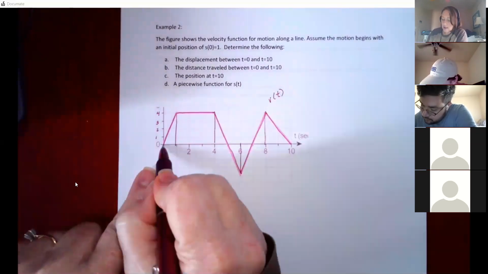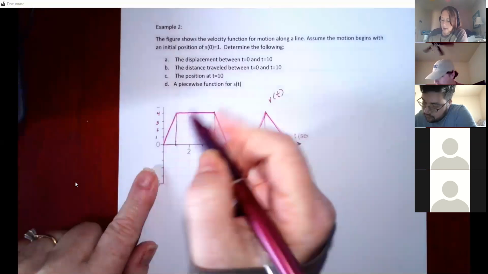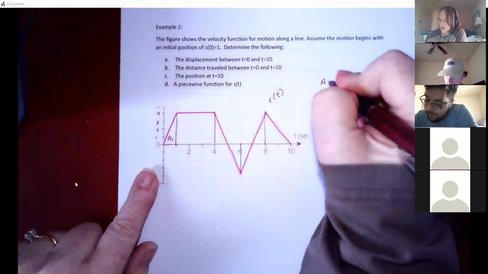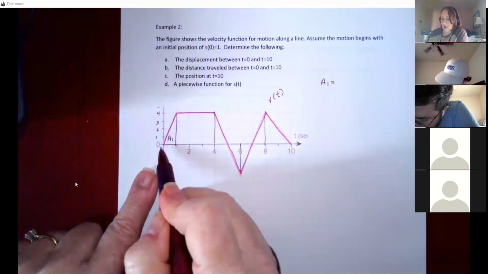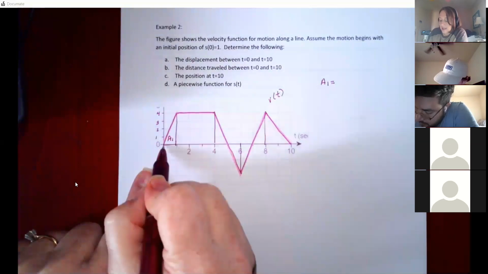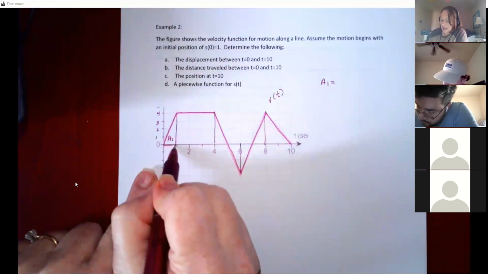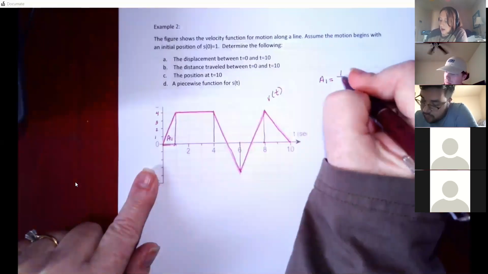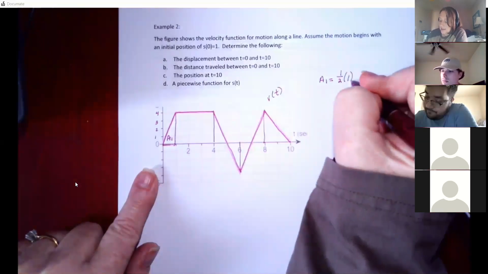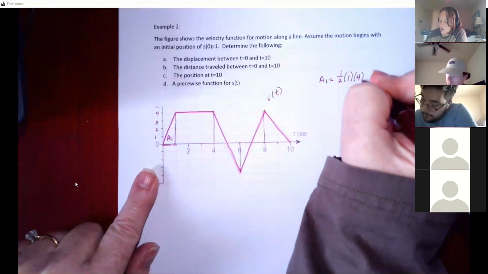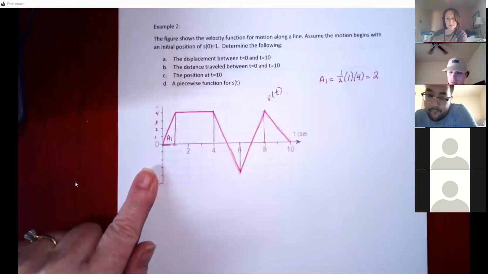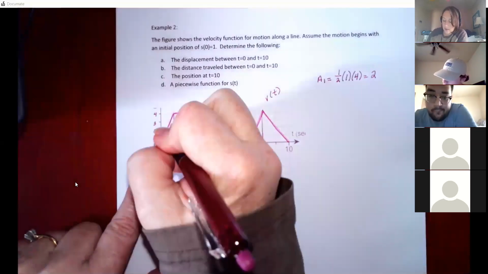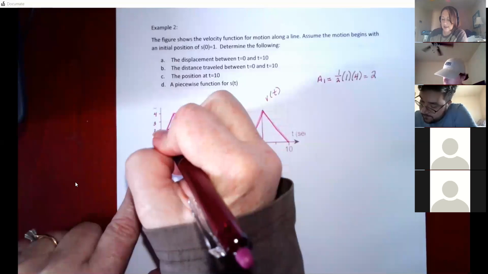This area, I'm going to call it A1. That is a triangle whose base is 1 unit wide and height is 4 units tall. So that area would be 1/2 the base times the height, or 2 square units since we're talking about area.